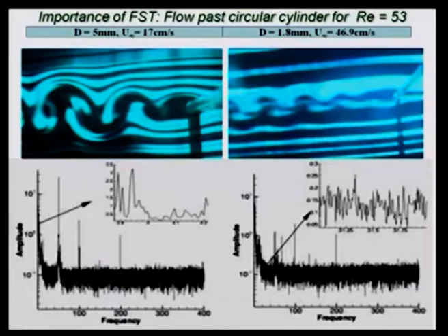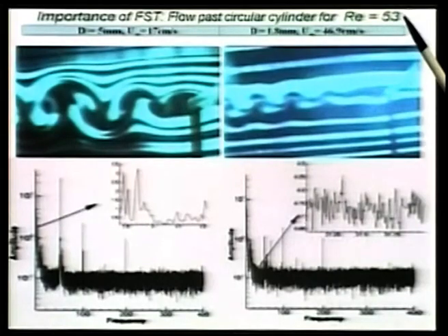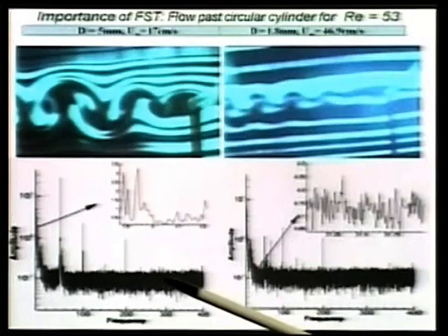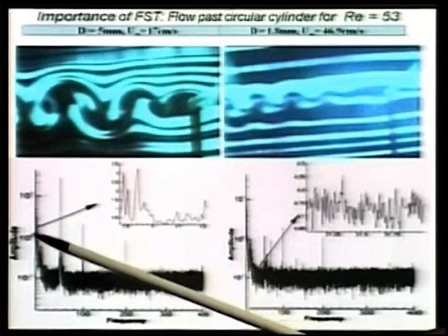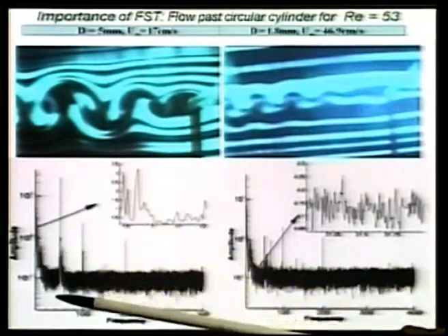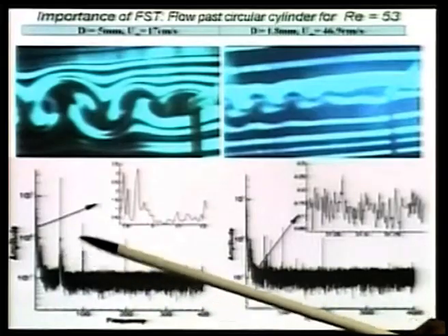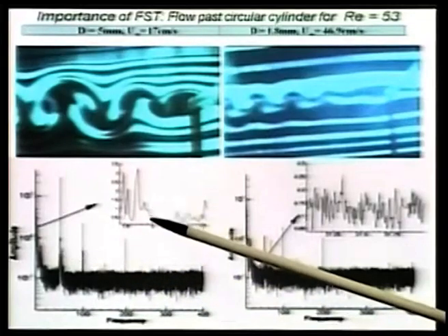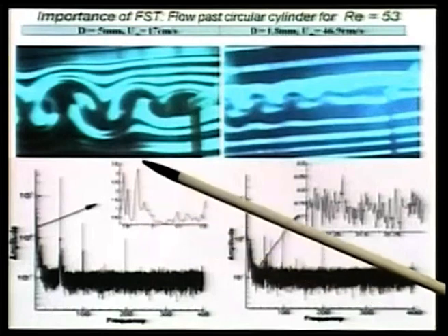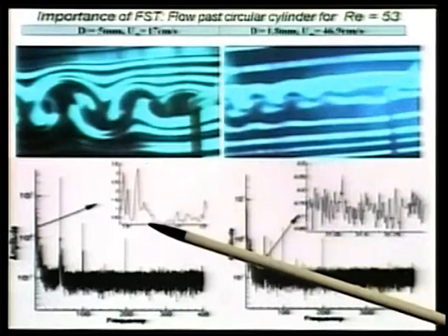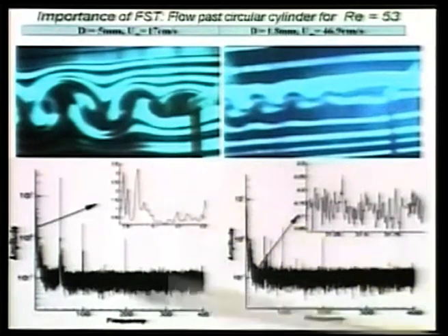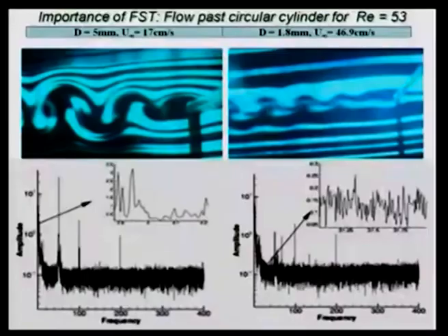That is what is called the Strouhal number. It is a fixed frequency for this particular Reynolds number, and we just zoomed this spectrum around the Strouhal number. In this case you see there is a peak, and this value is about 25 to 30 in that range.